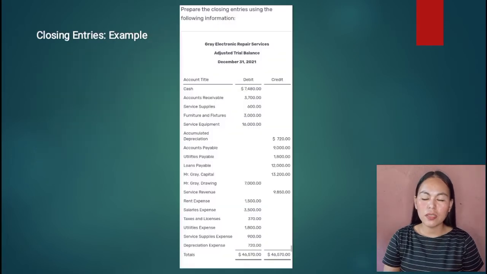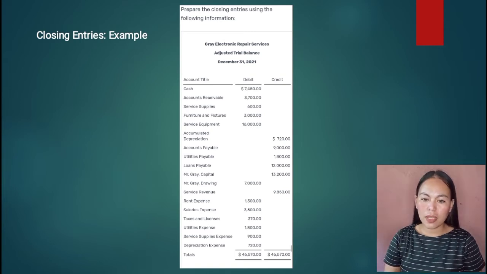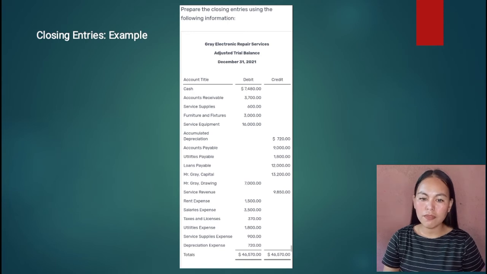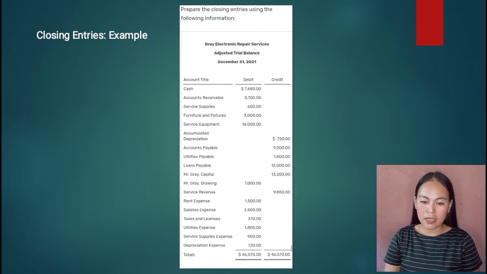So we have here a closing entries example from Gray Electronics Repair Services, adjusted trial balance on December 31, 2021. As you can see, account titles: cash, accounts receivable, service supplies, furniture and fixtures, service equipment, accumulated depreciation, accounts payable, utilities payable, loans payable, Mr. Gray capital, Mr. Gray drawing, service revenue, rent expense, salaries expense, taxes and licenses, utilities expense, service supplies expense, depreciation expense.